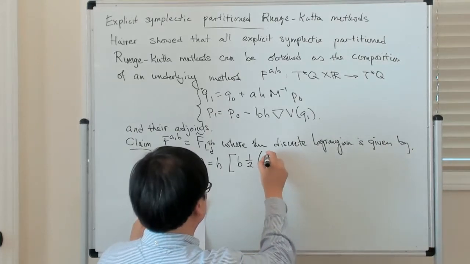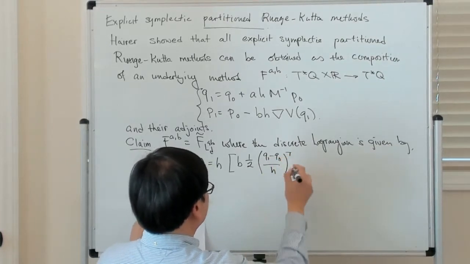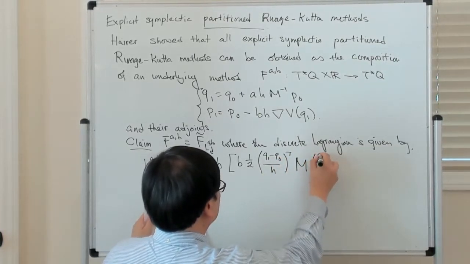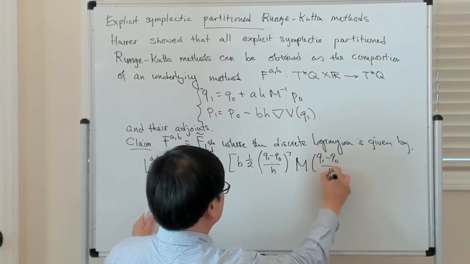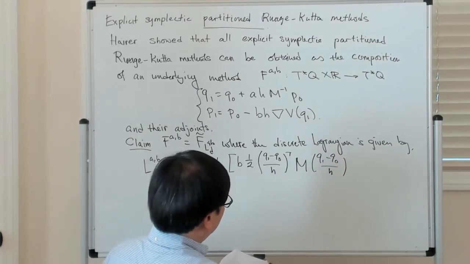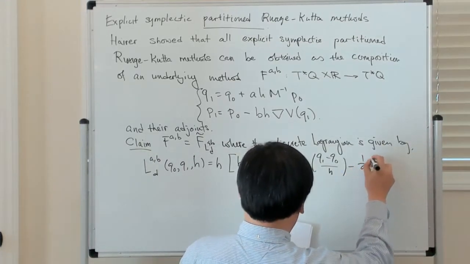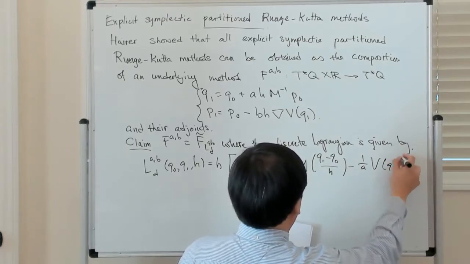So this is (Q1 minus Q0) over h, which is a Q dot approximation, times M Q dot, a very reasonable approximation of the kinetic energy piece. And then minus 1 over A times V at Q1.